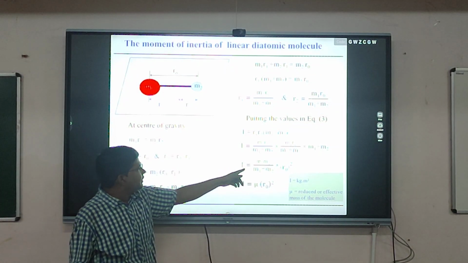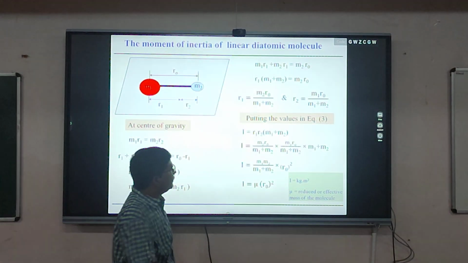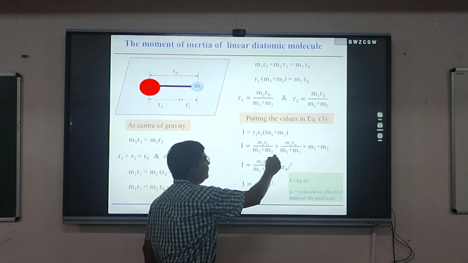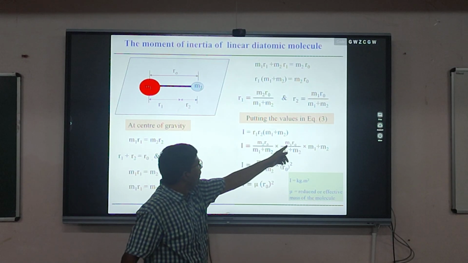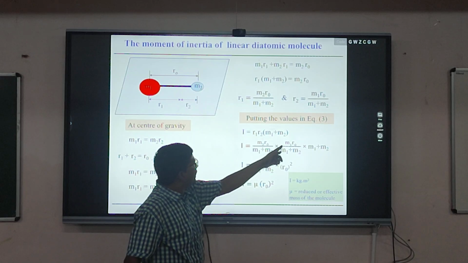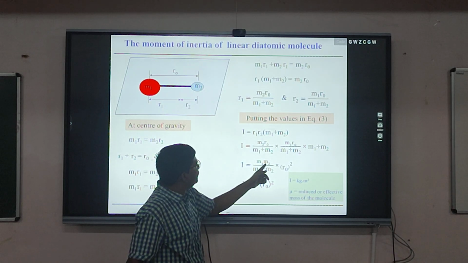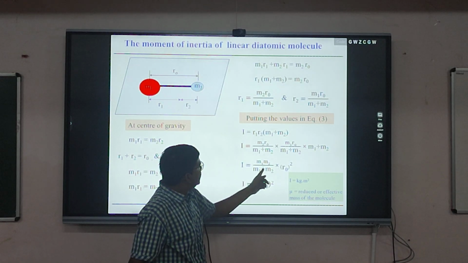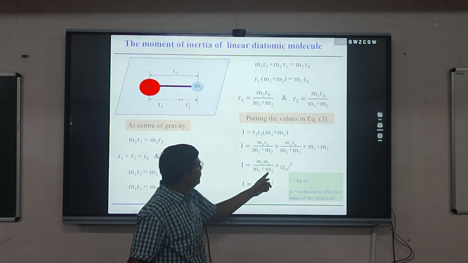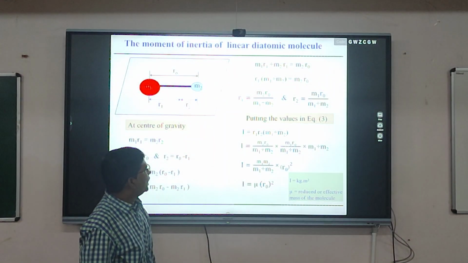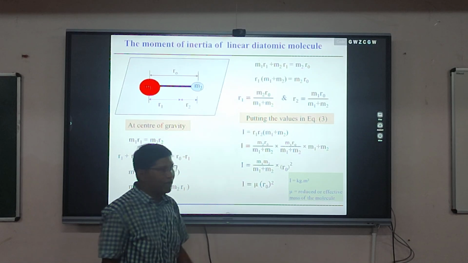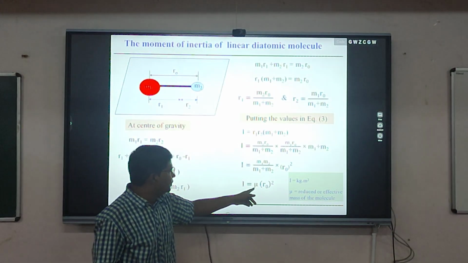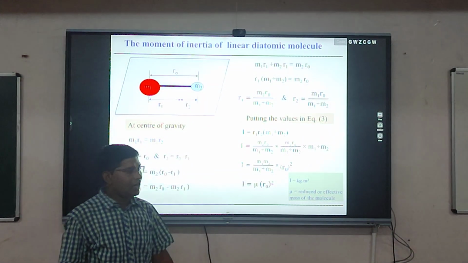Then M1 and M1 plus M2 will cancel. Then we will have M1 M2 divided by M1 plus M2, into R0 squared. Finally we have I equals mu into R0 squared.